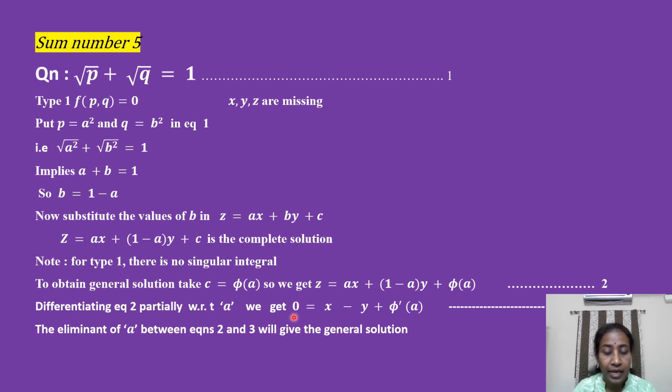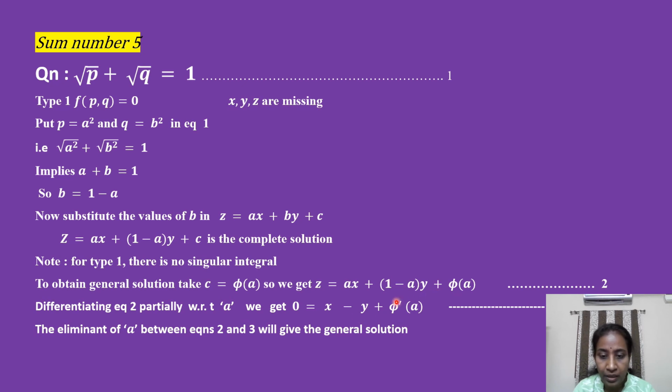So left hand side I get 0 because while differentiating z partially with respect to a, I will treat z as a constant, and when we differentiate a constant it becomes 0. And ax when differentiated becomes x. And this 1 minus a into y, what I am doing is I am removing the bracket and multiplying by y. So 1 into y is y. But y when partially differentiated with respect to a becomes 0.